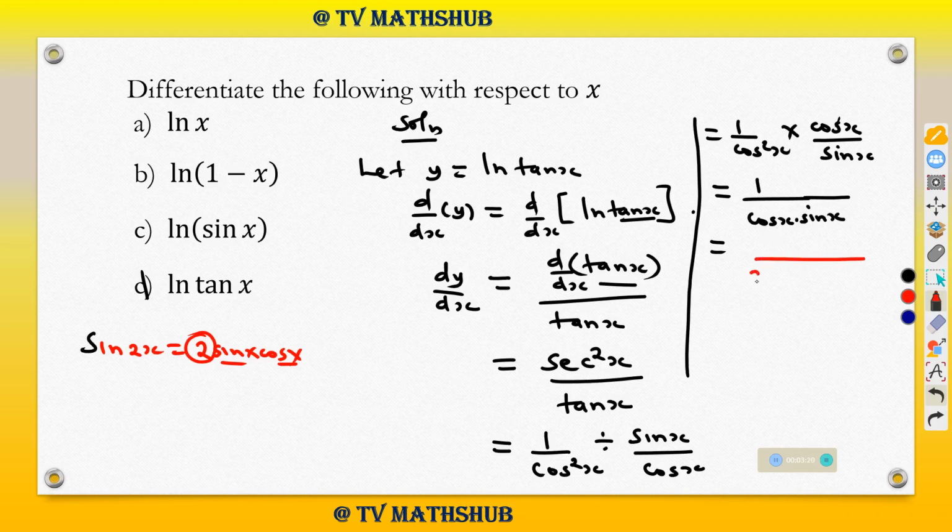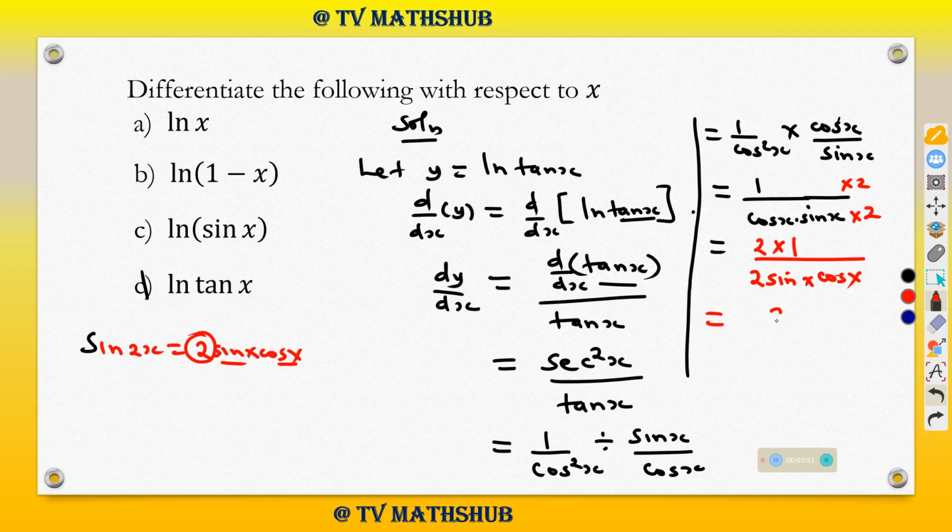For example, if I create this 2 here and reorganize this to be 2 sine of x cos of x, if I don't want to change the meaning of this expression, I must also multiply a 2 in this numerator. So I've multiplied 2 both in the numerator and the denominator. So when you do that, it means the 2 will not change this expression here. Doing this will not change the meaning of this expression.